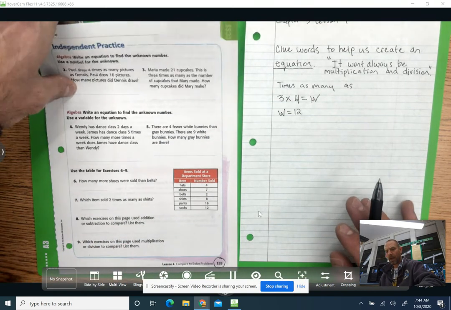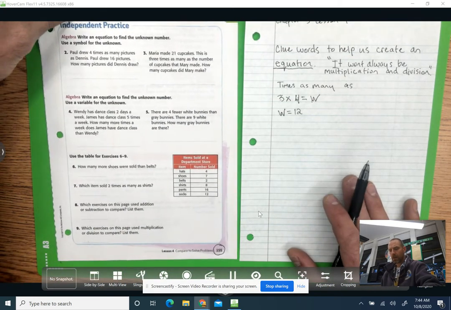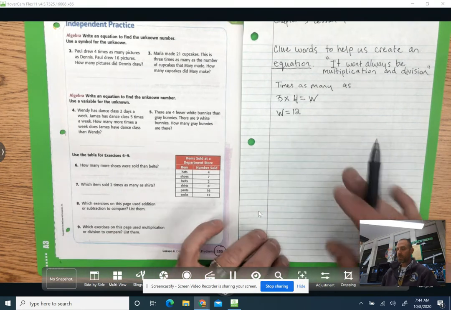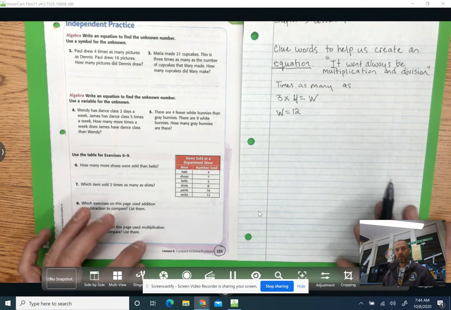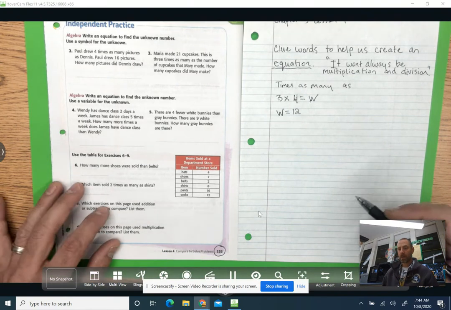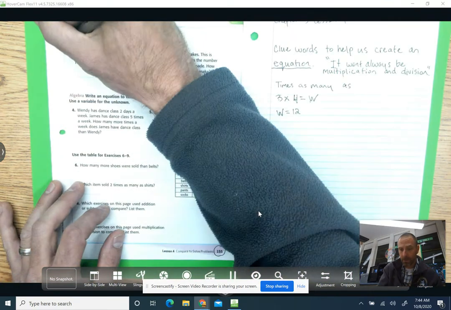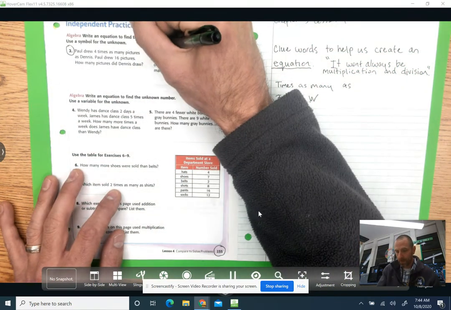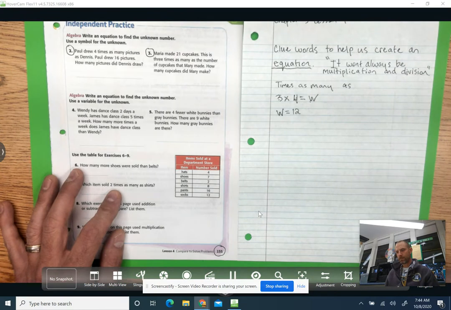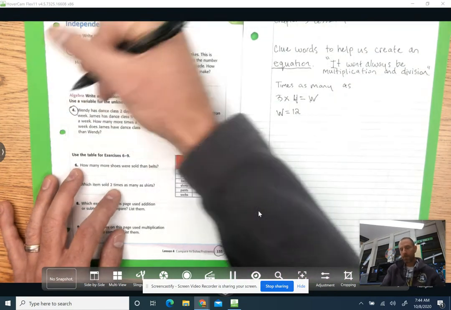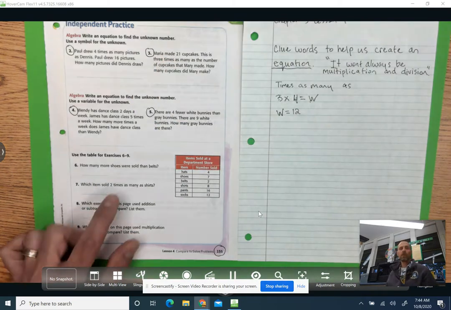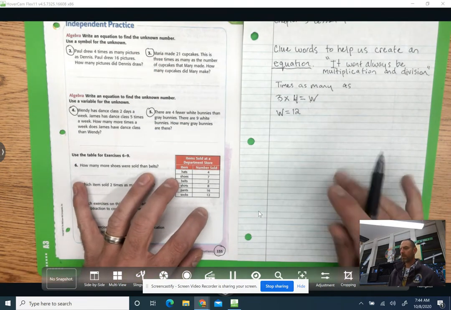Once you have page 155 and your scratch paper, let's get started. We are going to do problems number 2, number 3, number 4, and number 5. So we're going to do all 4 of these word problems.